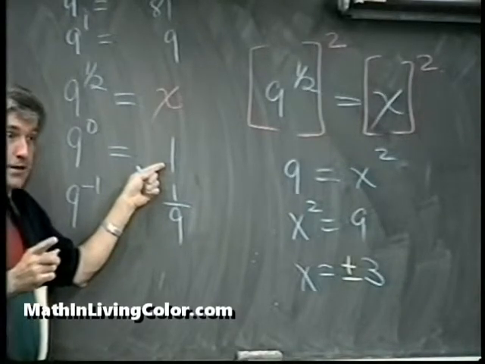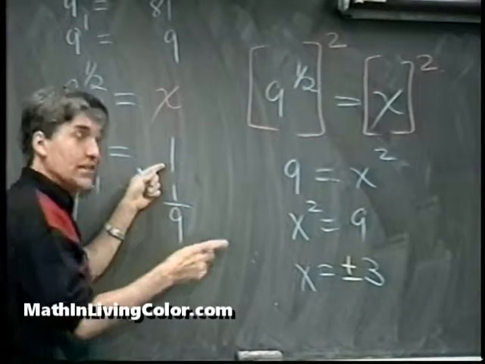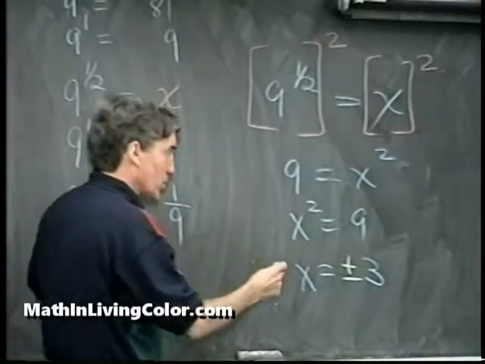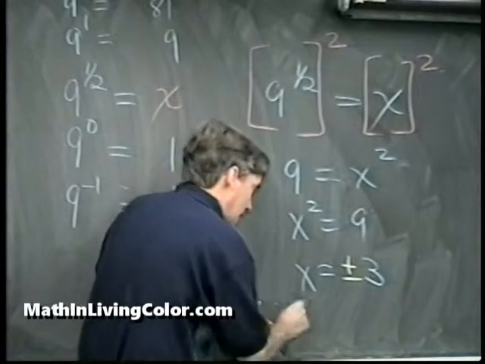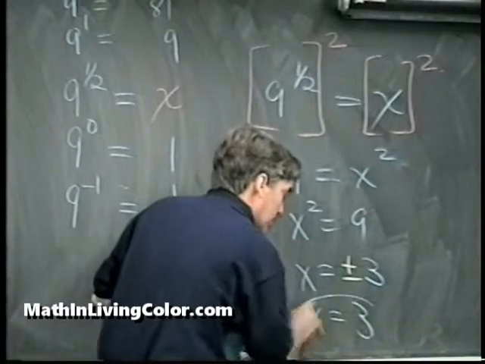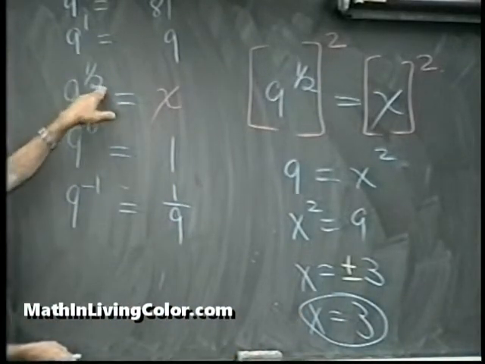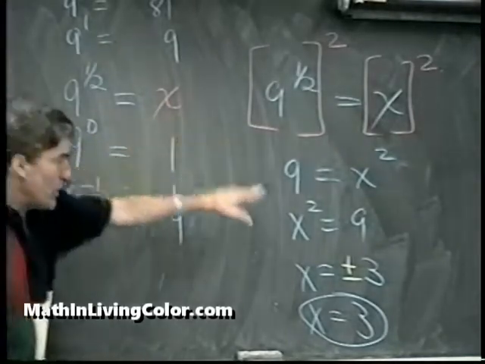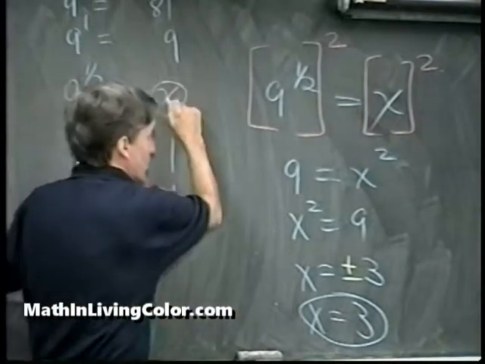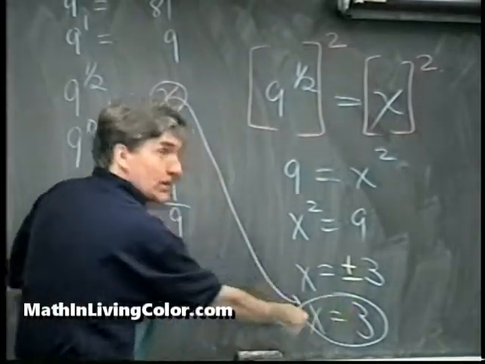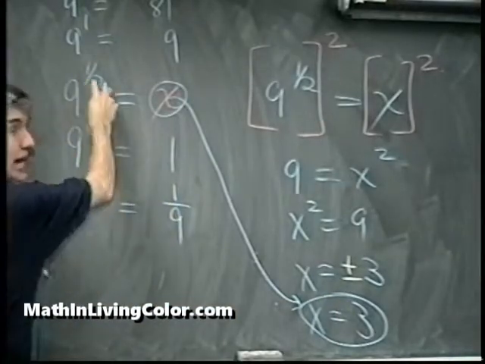So what would it be? Positive 3. So in other words, we're saying that here x equals 3. Okay? So in other words, 9 to the 1/2 power is 3, because that's what x is. This x right here is that x. So in other words, 9 to the 1/2 is 3.